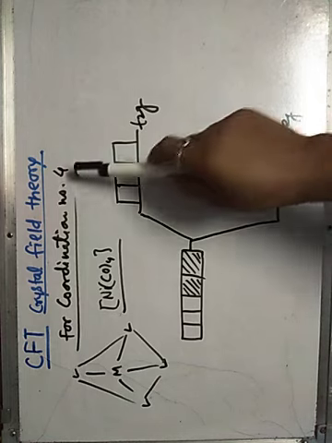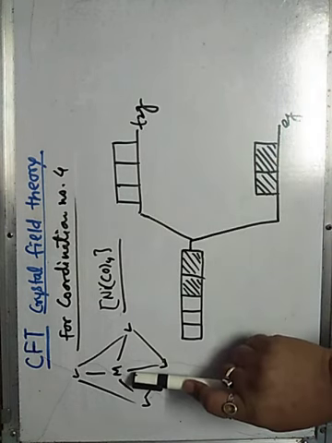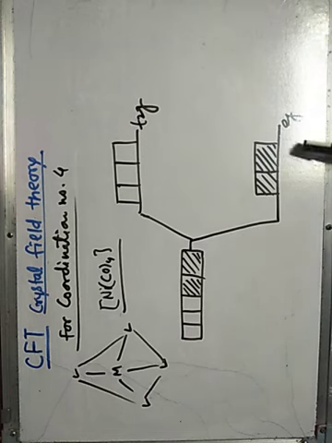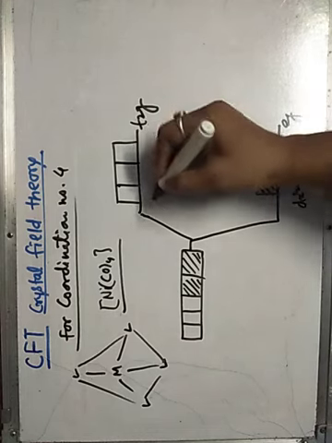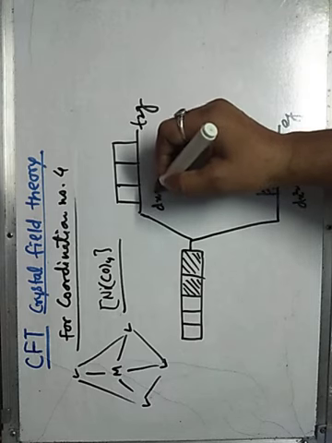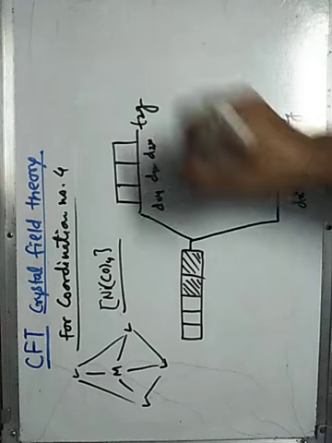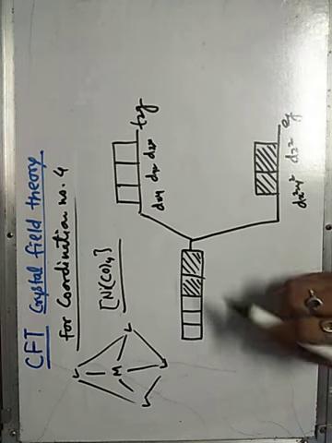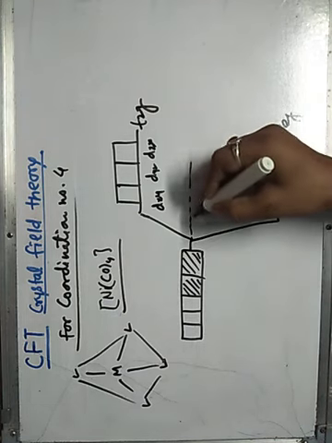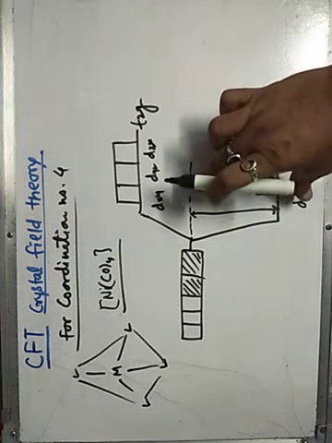For coordination number 4, the d orbitals of the central metal ion split into two energy levels. The first one is the Eg, where you have dx square minus y square and dz square. Here we have dxy, dyz, dzx, right? These orbitals move upward. This is the barycenter for you, and this particular one is greater.